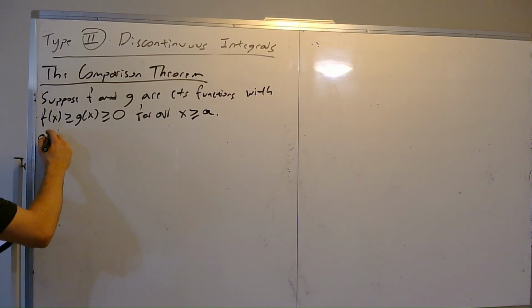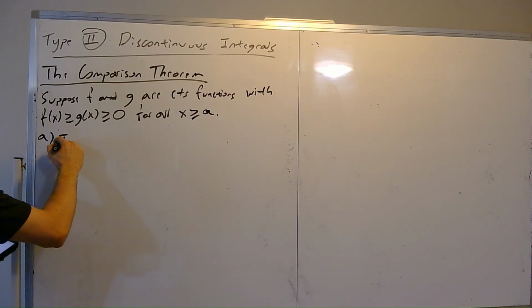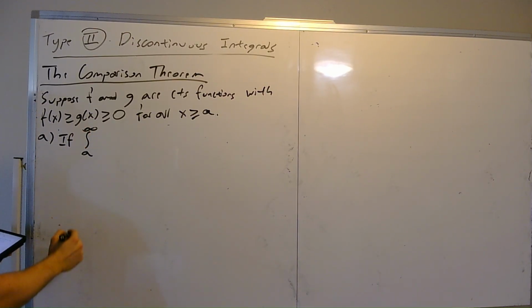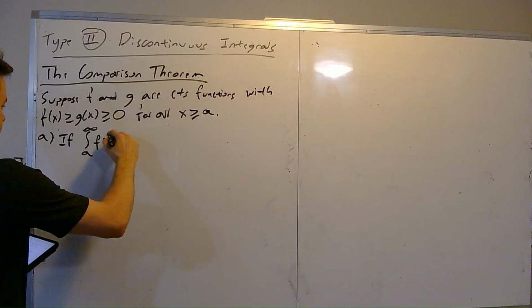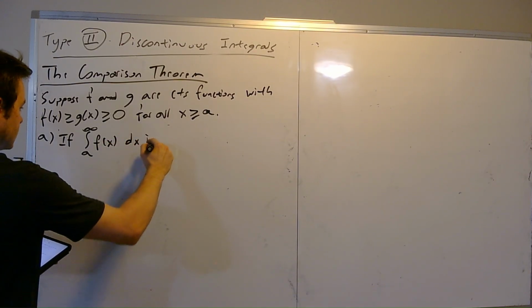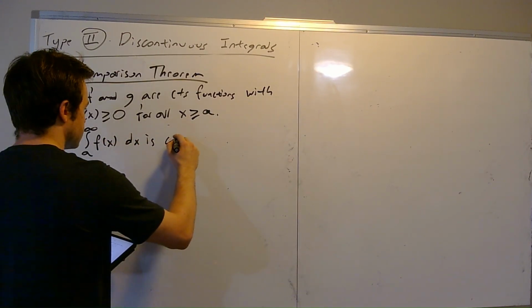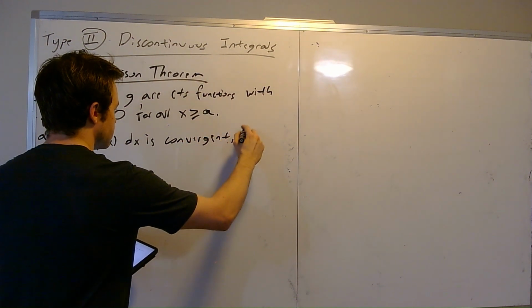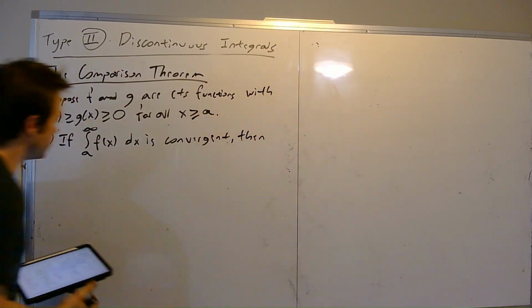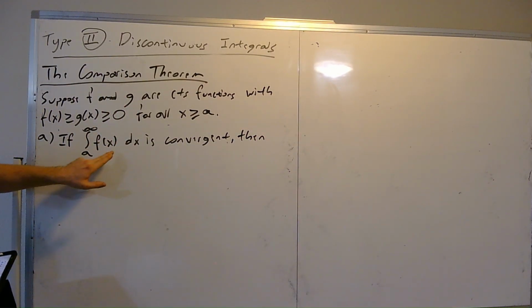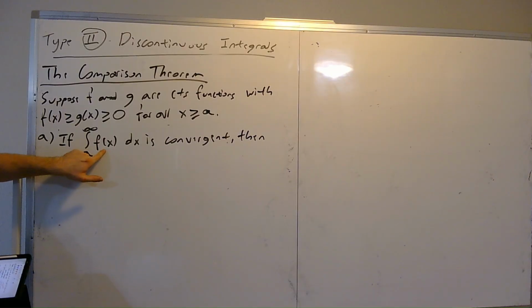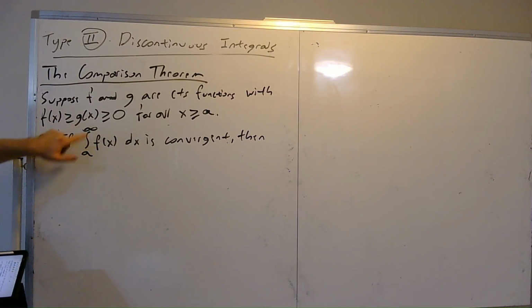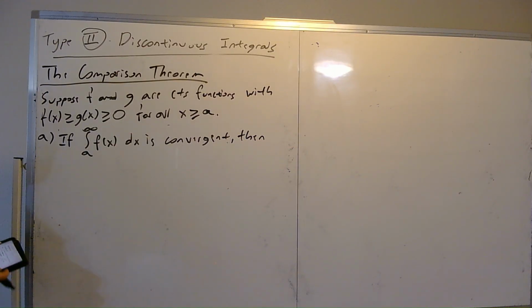So part A is going to say if the integral from a to infinity of f of x dx is convergent, then, right, so we know that the bigger function, the area under it, the integral rather, is convergent. So if the integral of the bigger function is convergent, then the integral of the smaller function should also be.